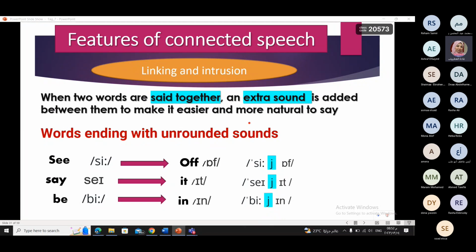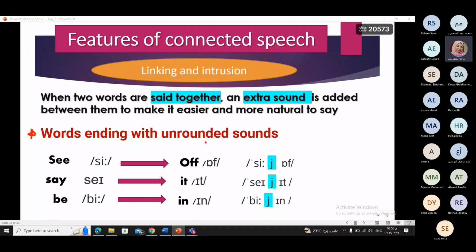I mean like this, see off, right? So what do we hear? That an extra sound is added between them to make it easier to pronounce and more natural to say. So let's first start with words ending with an unrounded sound.